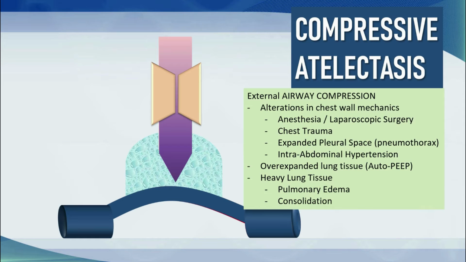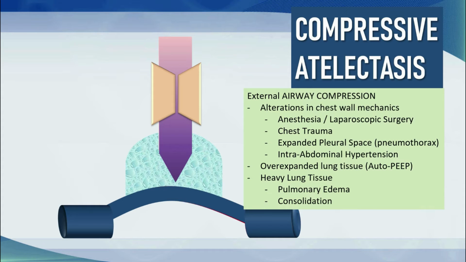That happens in laparoscopic surgery, obviously, but it can happen due to all kinds of diseases that result in intra-abdominal hypertension, such as inflamed bowel, ascites, or many other diseases commonly seen with fluid overload in trauma. It can happen due to overexpanded lung tissue, such as in autoPEEP, where gas is trapped in the alveoli at end expiration.